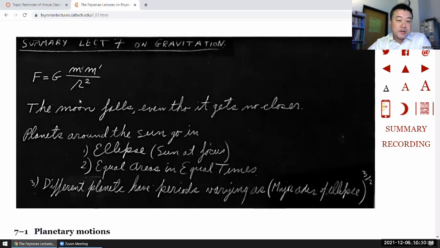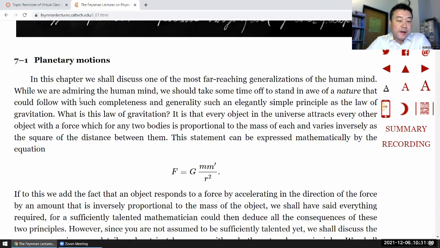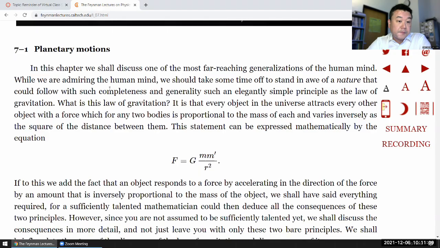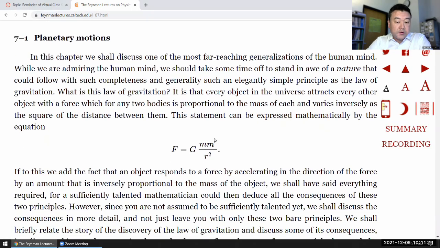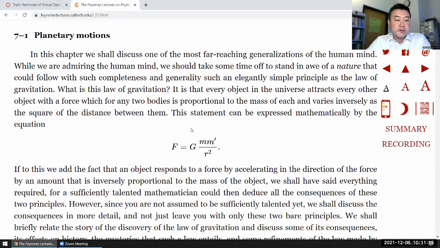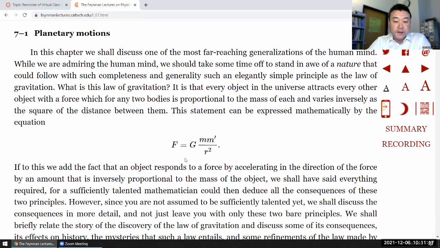So in section 7.1, he's talking about planetary motions. He starts out with a summary of what we'll get to in a bit, Newton's law of universal gravitation. This is the inverse square law statement about the gravitational attraction between everything.